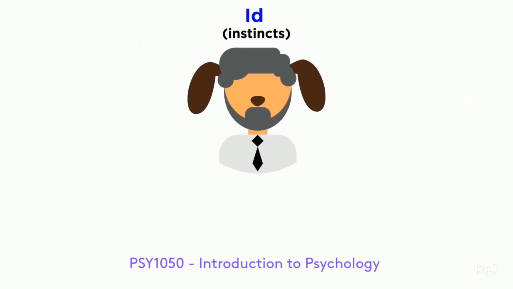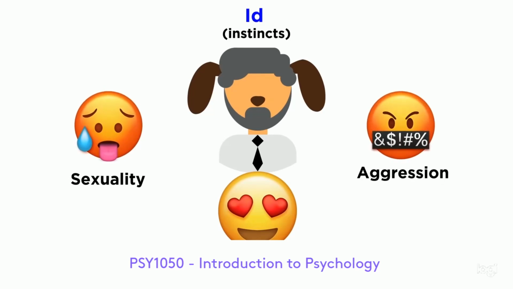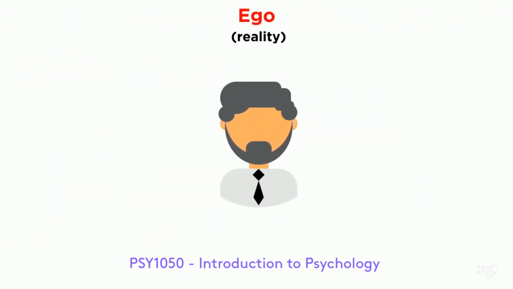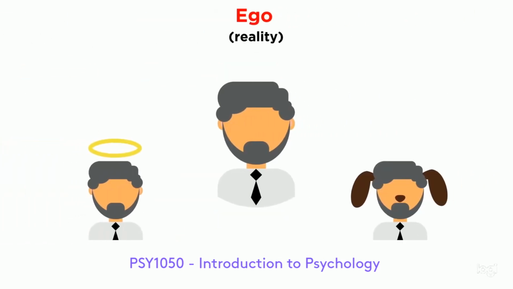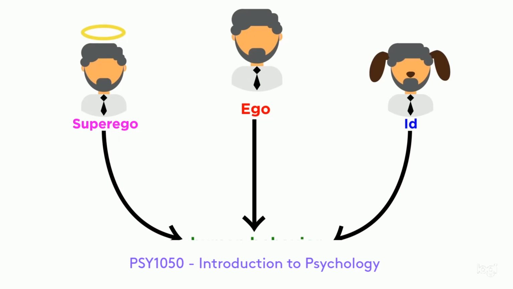So the id is the part of the psyche that is full of primitive desires, sexual and aggressive drives, as well as hidden memories, while the superego is the psyche's moral conscience. The ego's job is to mediate between the other two parts. All three parts working together is what ultimately creates human behavior.